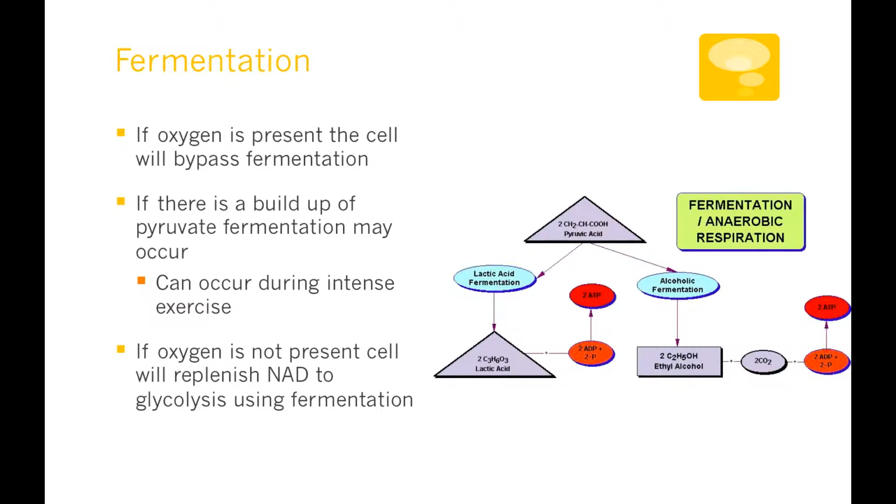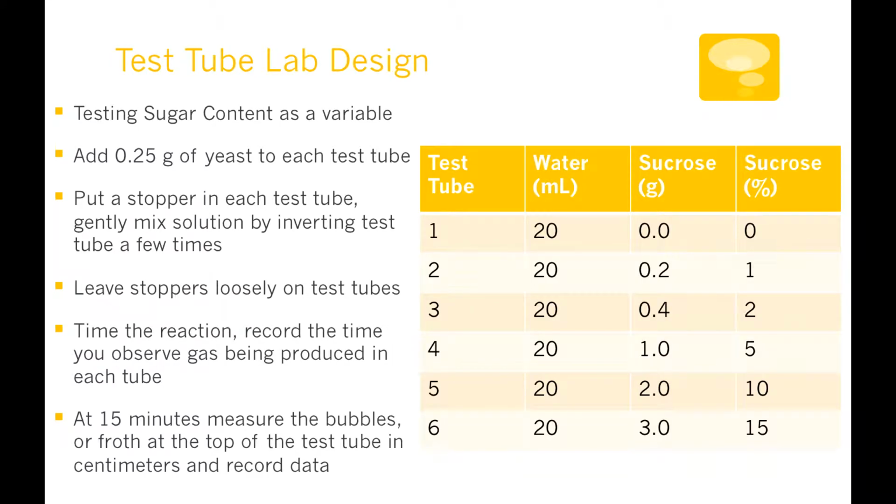Now, to help some of you with your test tube lab design, I know some of you had trouble starting on this. Here is an ideal way to test our two hypotheses. One of our hypotheses is testing sugar content as a variable, so we will add 0.25 grams of yeast to each test tube.